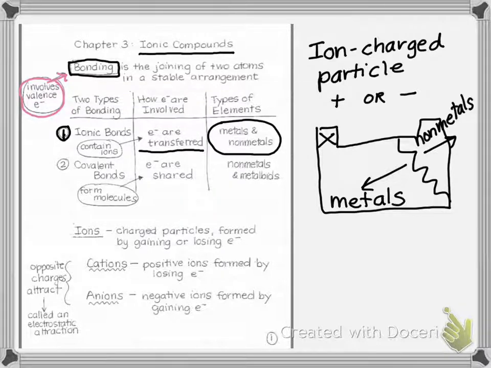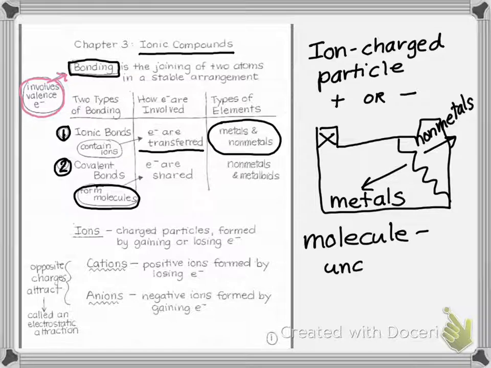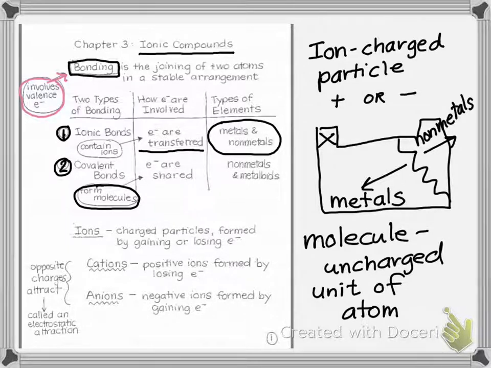The second type of bonding is covalent bonding. Now, covalent bonds form, you see right here, molecules. And a molecule is just a unit of atoms that is uncharged. So these atoms are bonded together, but they don't have any charge like the ions, because ions have charge.